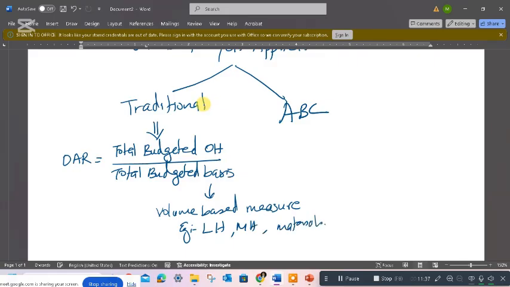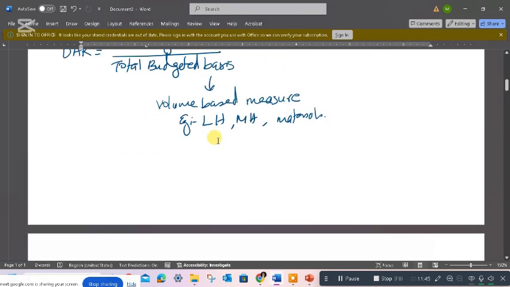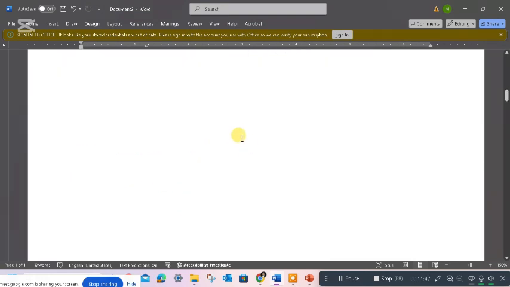What ABC tells us is that rather than taking all the overheads together like this, we will take them into different categories. I'll show you working under ABC, activity based costing. We analyze the overheads based on activity. For example, machine running activity, that means machining.